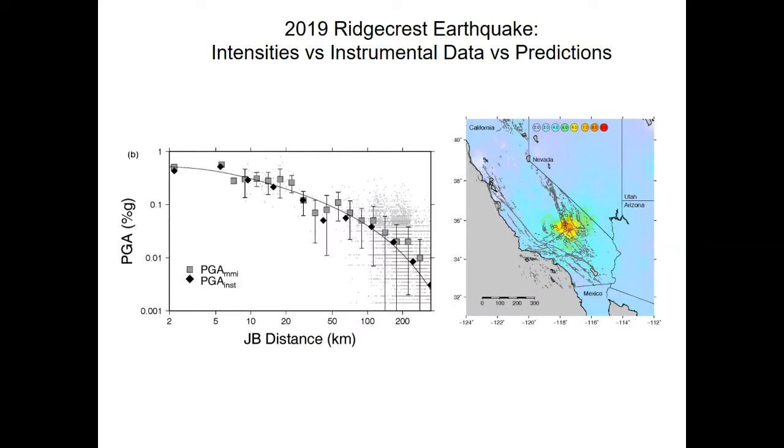But intensity remains very useful even today. If you've seen maps like this one on the right, which is like a USGS ShakeMap, that is showing you intensities.